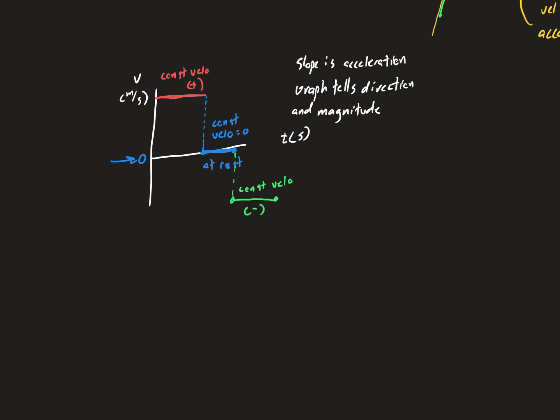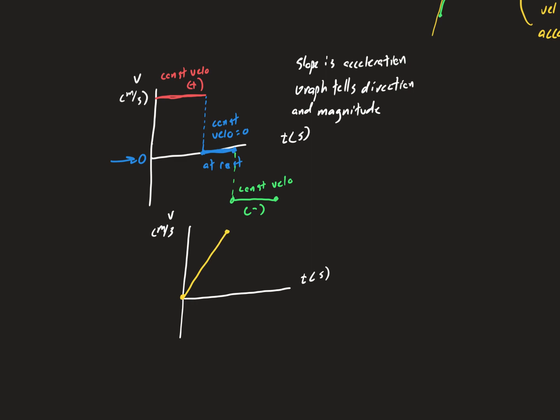Now, these are all constant velocity graphs, so let's do one that has an acceleration. The only time we are going to see curvy graphs in this class is going to be with position versus time, so make sure you remember that. But if something is accelerating in a velocity versus time graph, we illustrate it this way.